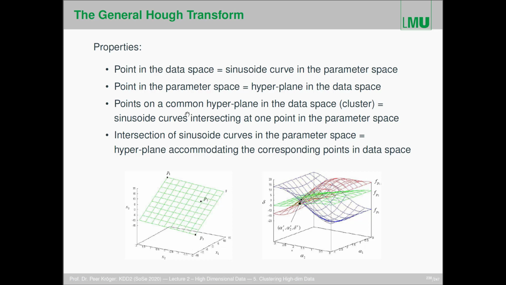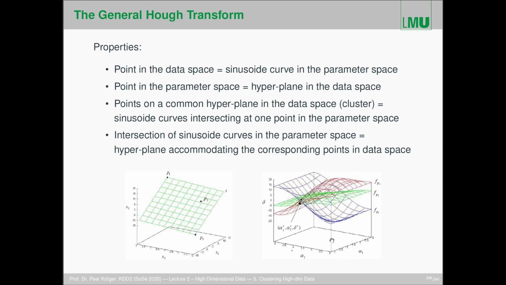Yeah. So points on a common hyperplane in the data space are sinusoidal curves that intersect at exactly one point in the parameter space. And well, with some fantasy here, just believe me, those 3 graphs intersect pairwise on many points, but all those 3 intersect in exactly one point, which is this one here, and that has one specific alpha 1 and alpha 2.